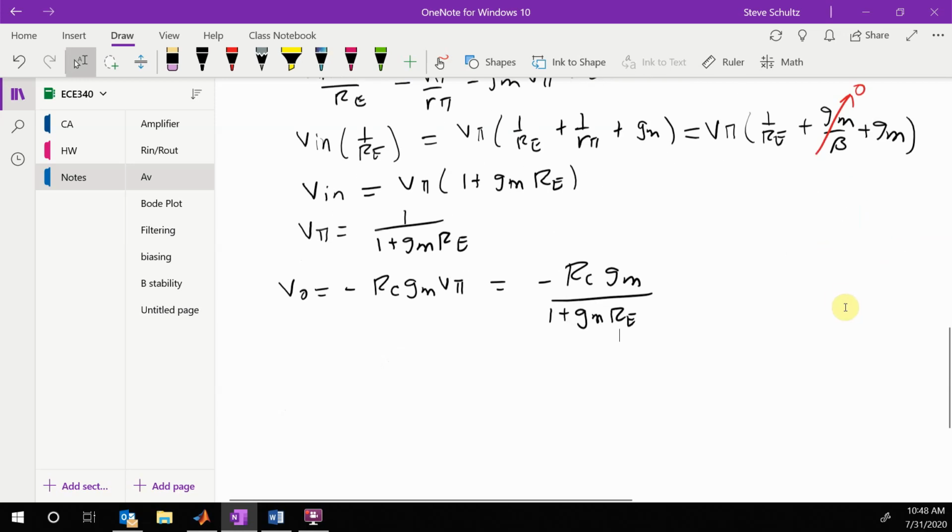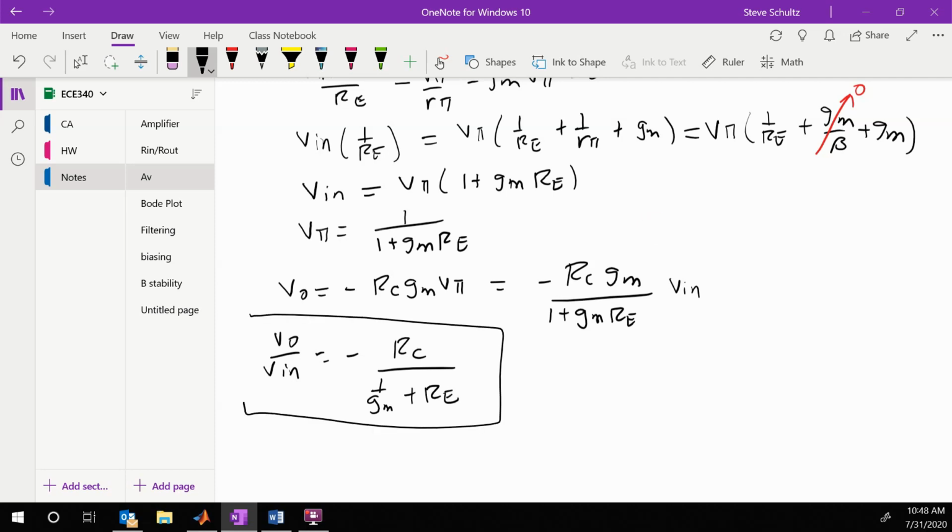And typically what we do to get it in the form is we're going to divide the top and bottom by the GM. So V out over V in equals minus RC over 1 over GM plus RE. And this is our gain equation for our common emitter with emitter degeneration.